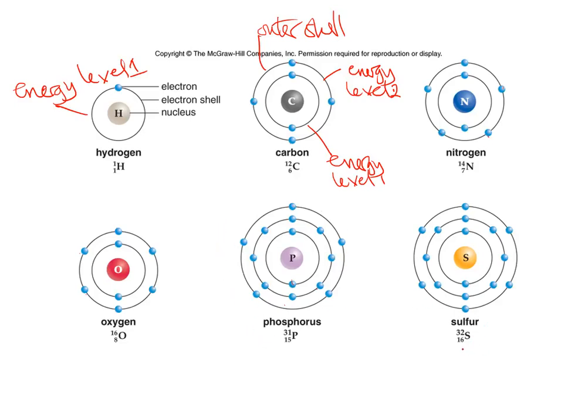While sulfur has 16 electrons, which means the outer shell will be filled by 6 electrons also. So take note of how we fill. The first shell is 2 electrons, the second shell is 8 electrons, the third shell has also a maximum of 8 electrons. It can have 8 electrons or less, depending on the number of electrons that you have.